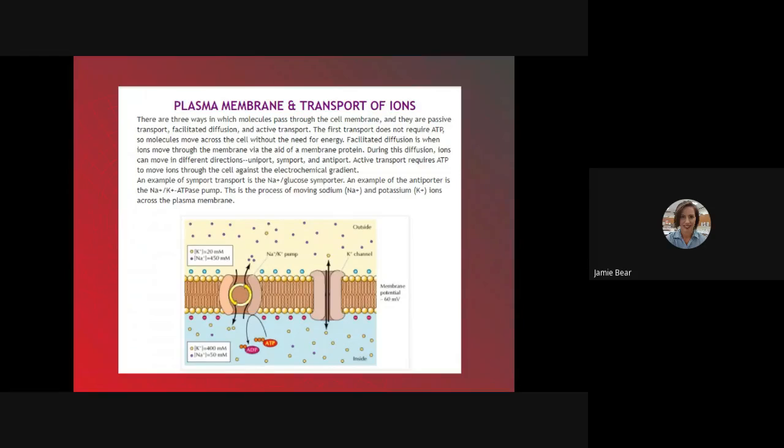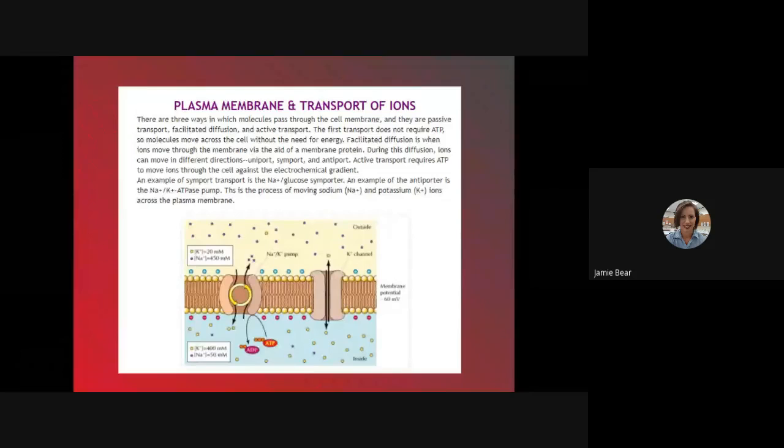It does not require ATP or energy, so the molecules move across the cell without the need for that. Facilitated diffusion is when ions move through the membrane with the aid of a membrane protein. During this diffusion, ions can move in different directions. Active transport does require ATP to move ions through the cell against their electrochemical gradients.